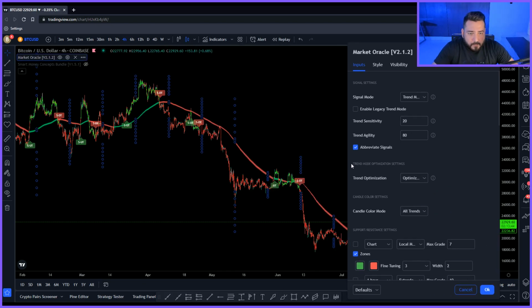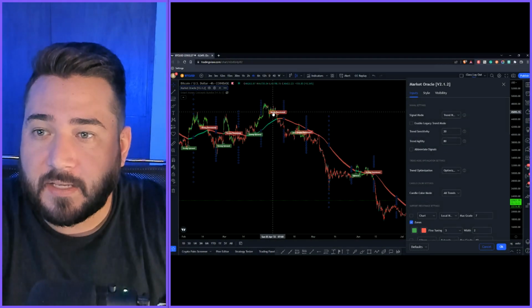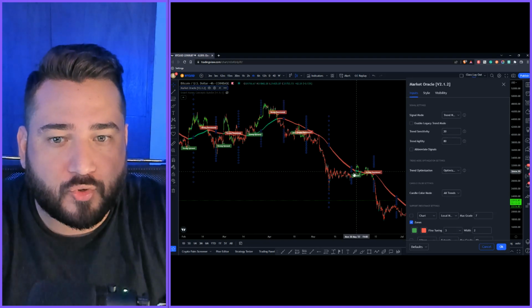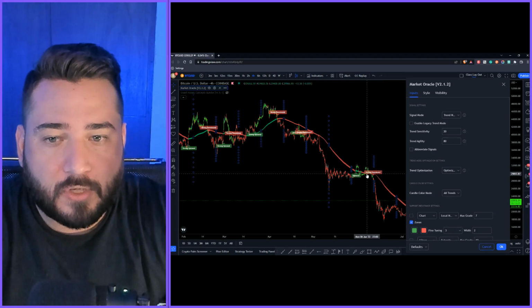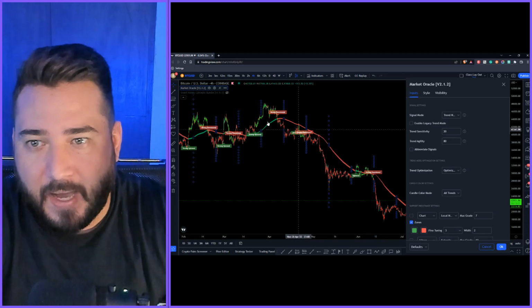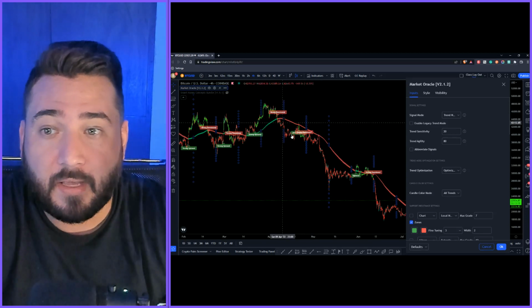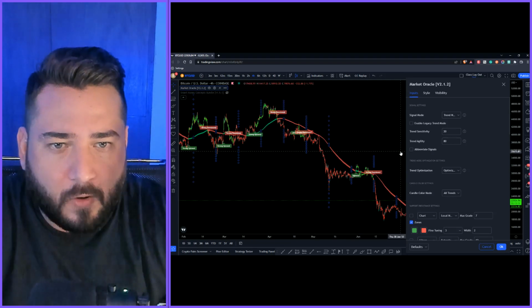And by the way, if I unclick the abbreviated signals right here, you'll see the full name of those flags, right? You can see right here that it says strong downtrend, right? You can see right here that it says uptrend, right? You can see right here that it says, again, strong downtrend. So it doesn't say buy or sell. It is in fact showing you where the trend is happening and if it's strong or a normal trend that could be followed, right?